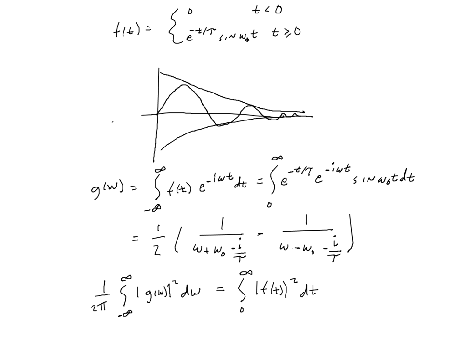And you'll notice that if omega is equal to omega naught, then you get a huge number here. This term right here, where you have omega plus omega naught, is going to be much smaller than this one. So this term right here is going to basically dominate over the entire function that you're going to get.